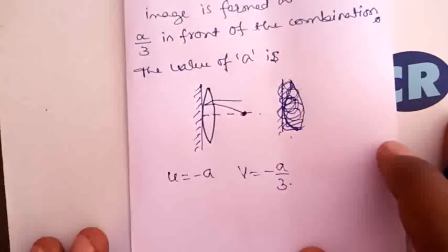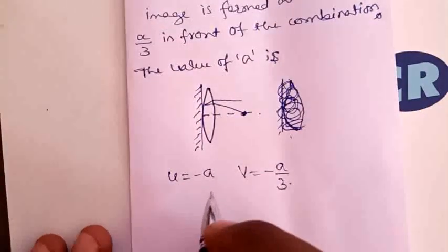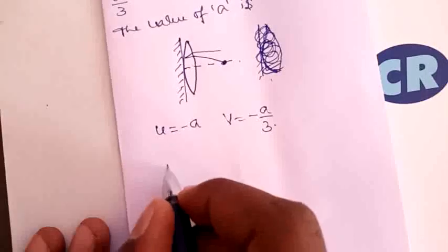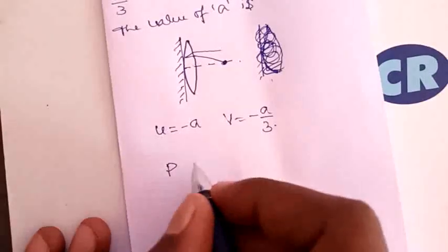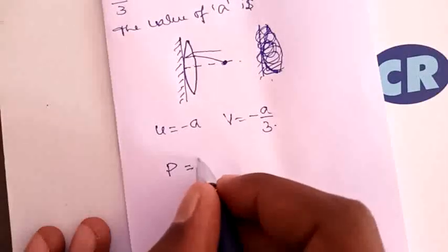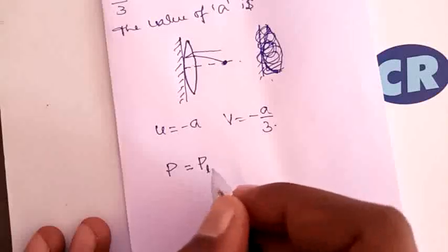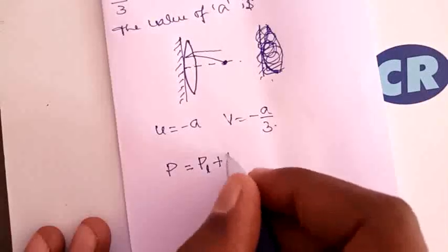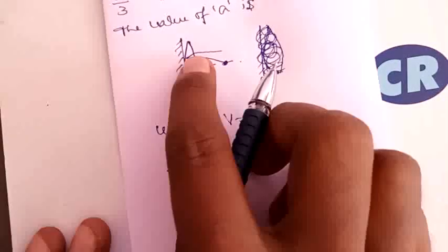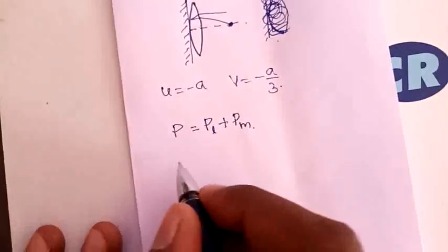Okay, how to find the effective focal length of this combination? By using power. Then the effective power of this combination is equal to the power of the lens plus the power of the mirror. So how many times is refraction there? Two times refraction is there. So power can be written as 1 by f.